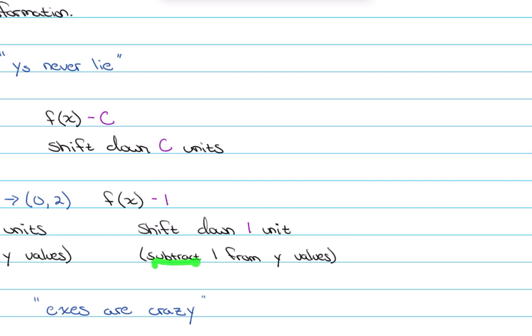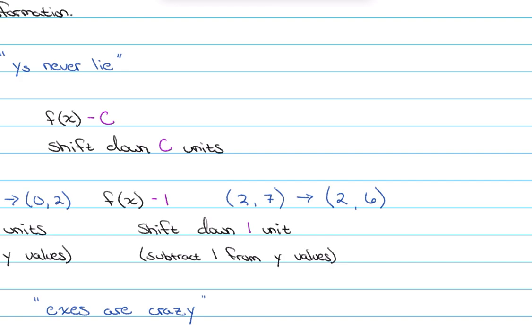Again, let's go complicated. Let's say that this one has a point at 2, 7. That means I'm going to shift down 1 unit. So the 2 stays the same, but for the 7 I subtract 1, so it's going to go to 6. Again, this is not talking about horizontal at all, so we're not touching our x value.